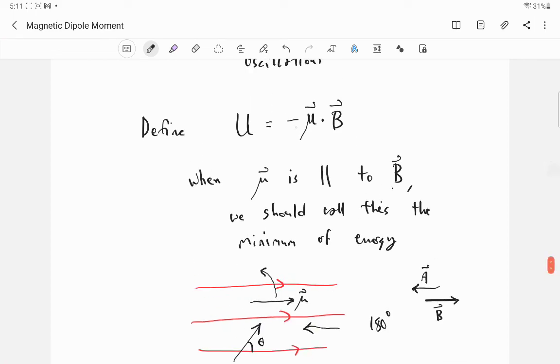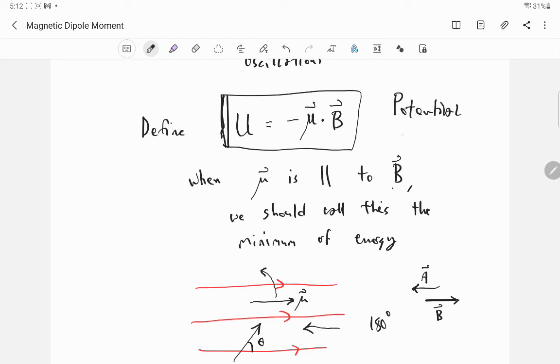So what we do is we stick in this minus sign, and so when mu is backwards to B, you get this extra minus sign, and the potential is actually positive. It's actually maximized, right? So this is a useful definition for a potential energy associated with the orientation of a magnetic dipole in a background magnetic field. All right.